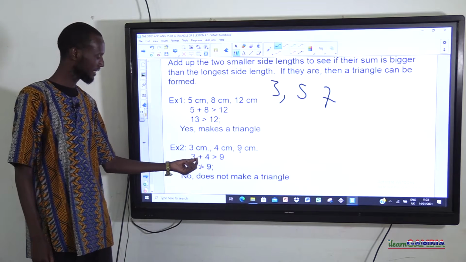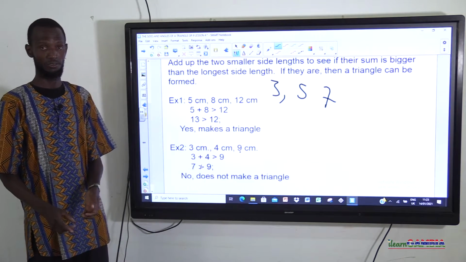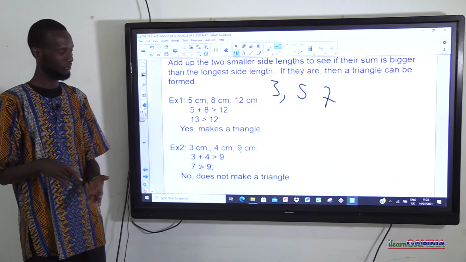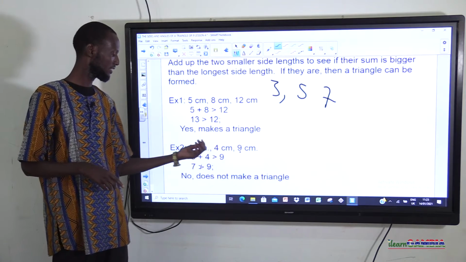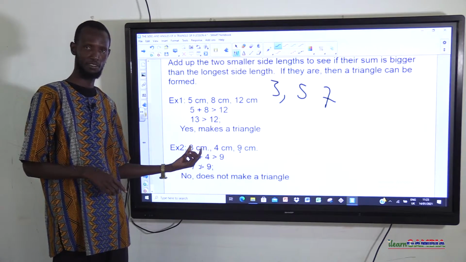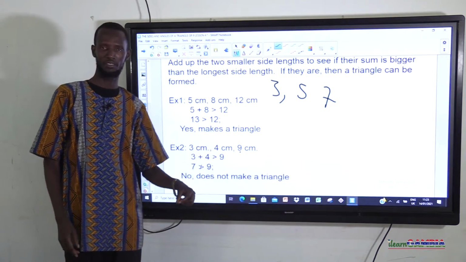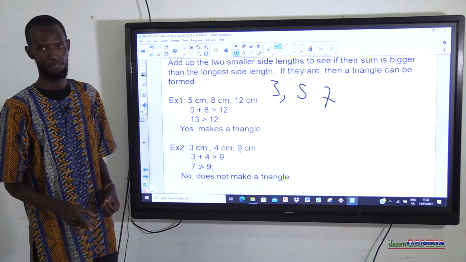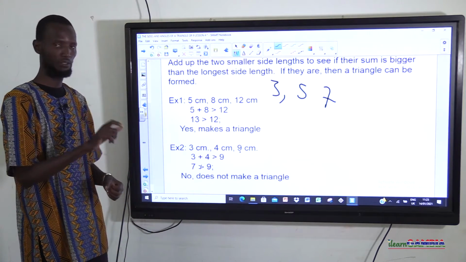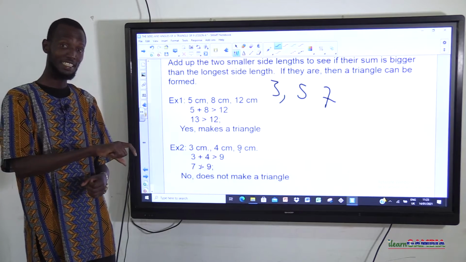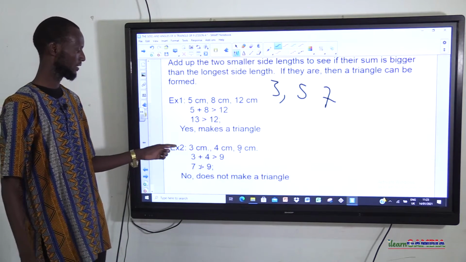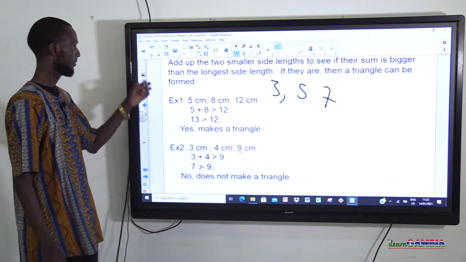But is 7 greater than 9? No, 7 is not greater than 9. So therefore, these three side lengths, 3 centimeters, 4 centimeters, and 9 centimeters, cannot form a triangle. Okay? Because the sum of the two shorter sides is less than the longest side. So this cannot form a triangle.